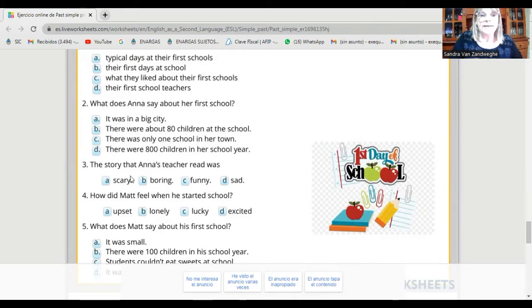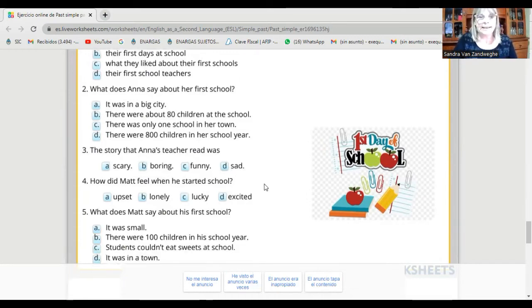The story that Anna's teacher read was... Van a tener que prestar atención. Entonces ustedes acá ya se dan cuenta que ella va a estar diciendo que la profe le leyó algo, ¿sí? ¿Cómo fue la historia? Scary, de miedo, boring, aburrida, funny, divertida, sad, triste.